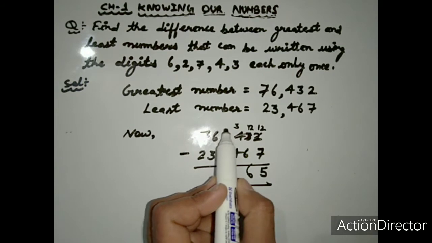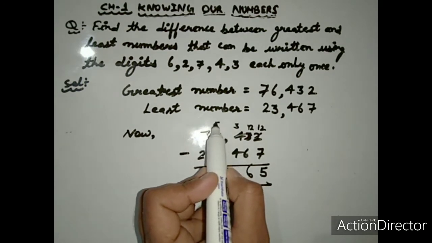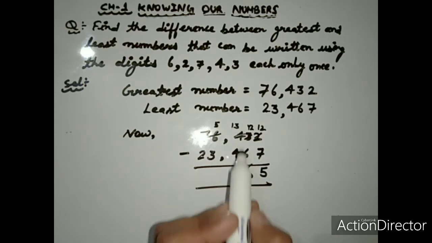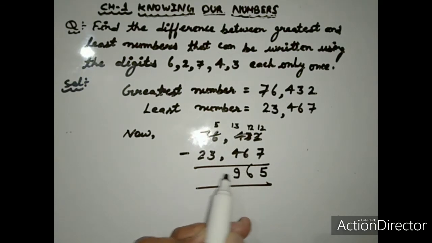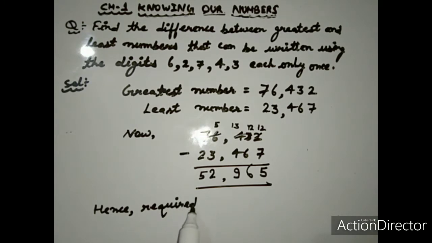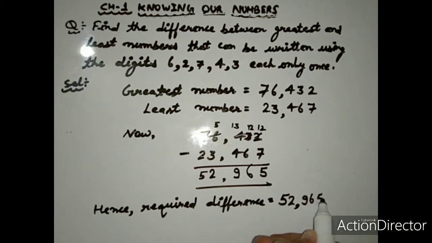Now again we take one borrow from 6, so here 5 is left, and here 13. Then 13 minus 4, 9. Then 5 minus 3, 2, and 7 minus 2, 5. So here we write, hence the required difference is equal to 52,965.